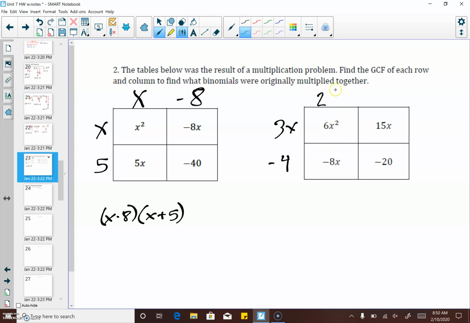Only one of them is negative, so we'll keep it a positive here. And the biggest thing that goes in is a 2x. And then between 15x and negative 20, the biggest thing that comes out of both of them is a positive 5. So we end up with 2x plus 5 and 3x minus 4 as our two binomials.